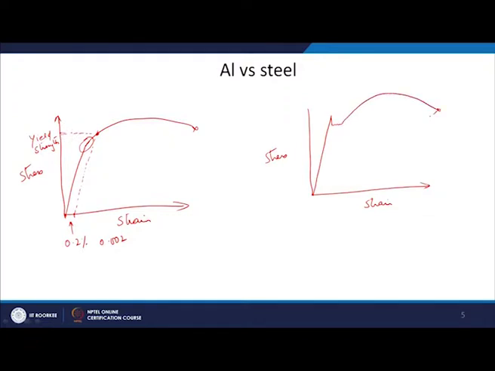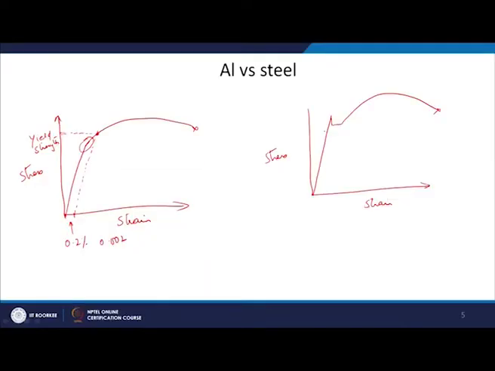So it is a very different curve from what you will see in aluminum alloys. Not all alloys, but in some alloys or different materials you will see this type of curve, where you will see a very sharp yield point.